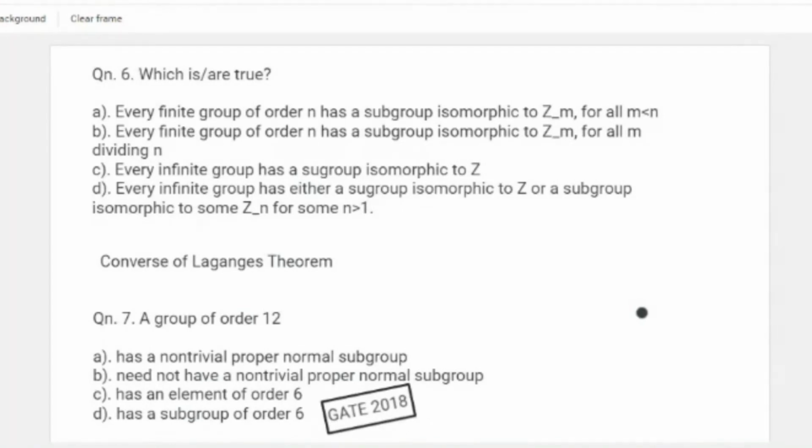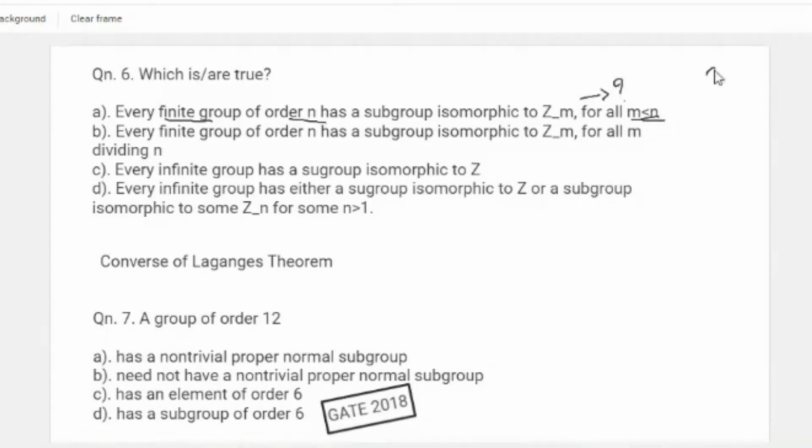See, the first statement is: every finite group of order n has a subgroup isomorphic to Zm for all m less than n. A very trivial case.